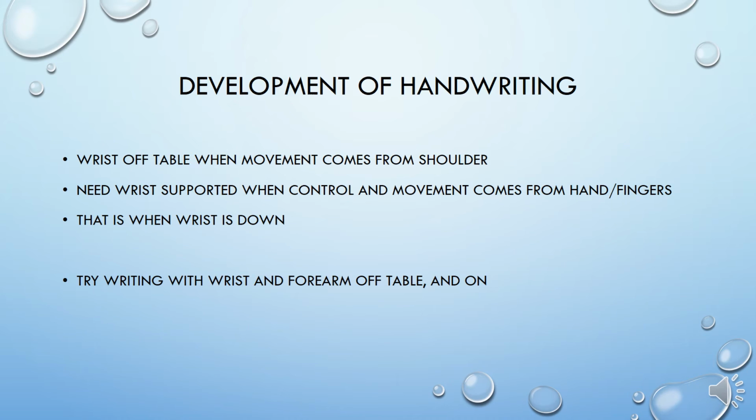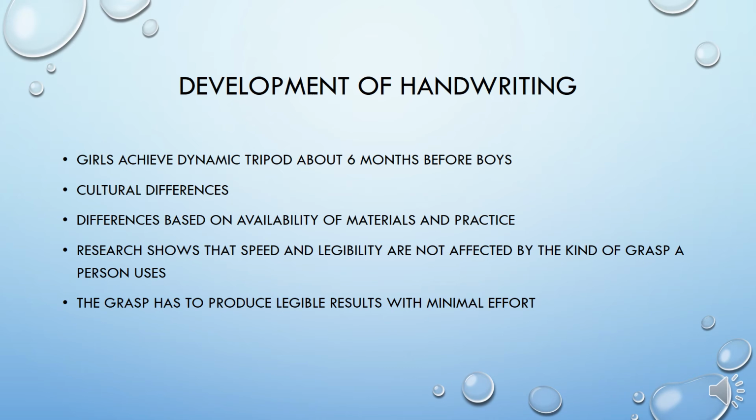So this is just the practice that you did, to remind you to try that out and see what happens when your wrist is up, when your wrist is down, and where the control is coming from. Girls achieve a dynamic tripod about 6 months before boys do. In general, girls are faster to develop their fine motor skills than boys are.